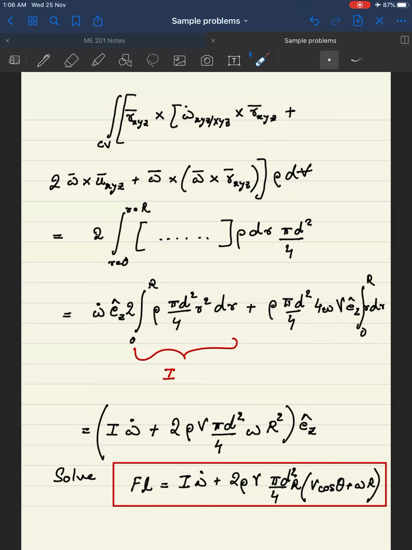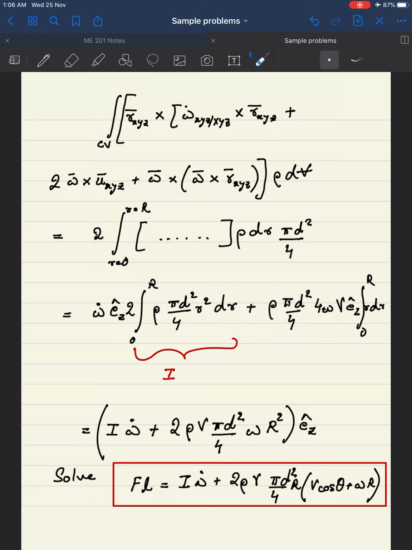So if you are getting confused, you just let me know if you're not able to work this out. And this particular integral here is nothing but the moment of inertia, I. So let's assume that this I is known, and this integral is rather easy to evaluate.